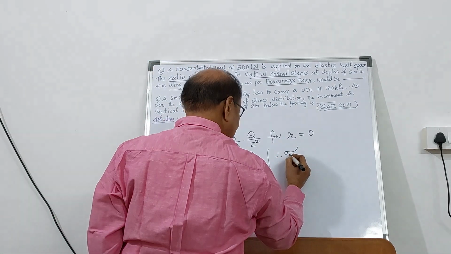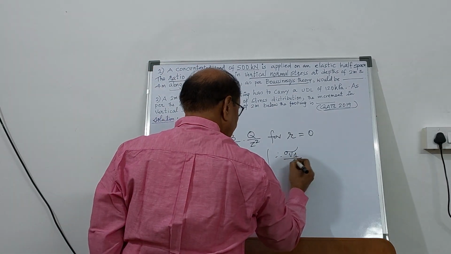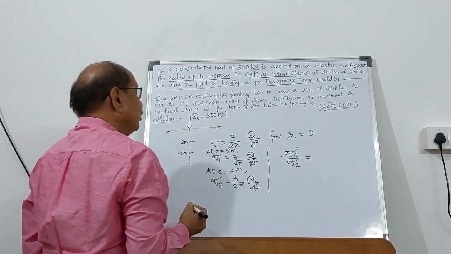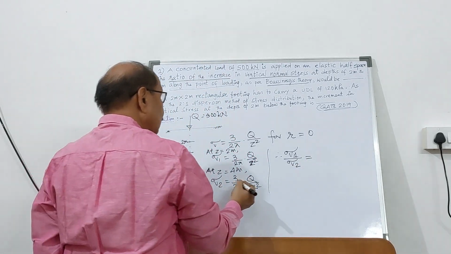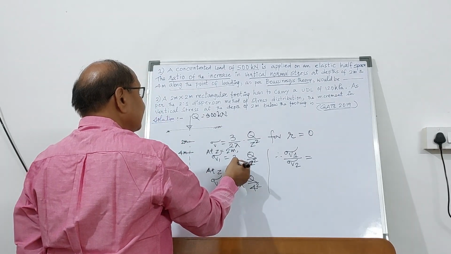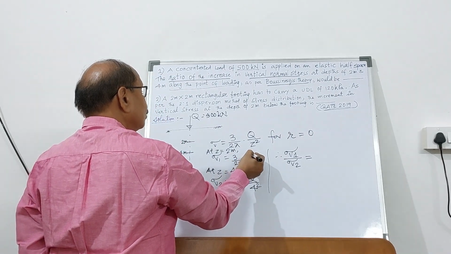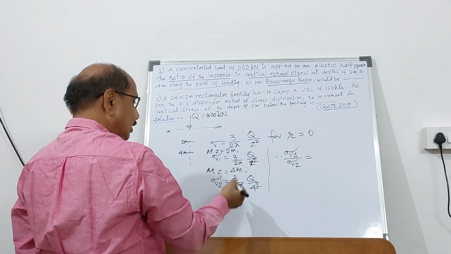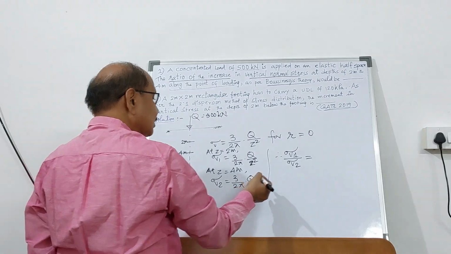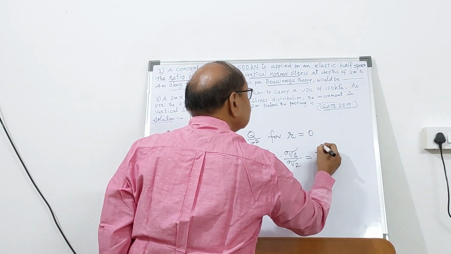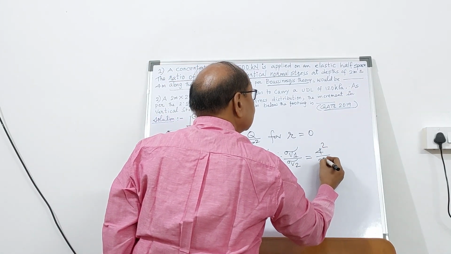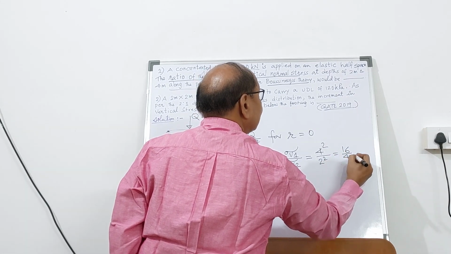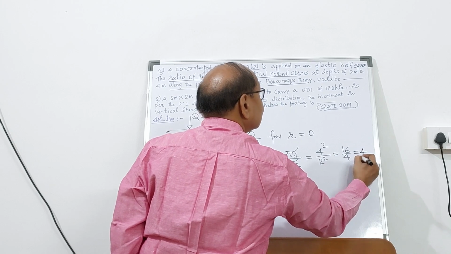So ratio will be sigma v1 upon sigma v2 will be equal to, now this 3 divided by 2 pi into Q is going to be common, which will get cancelled. So what you are going to get is 4 square divided by 2 square. That is 16 divided by 4 equal to 4. So this is the answer.